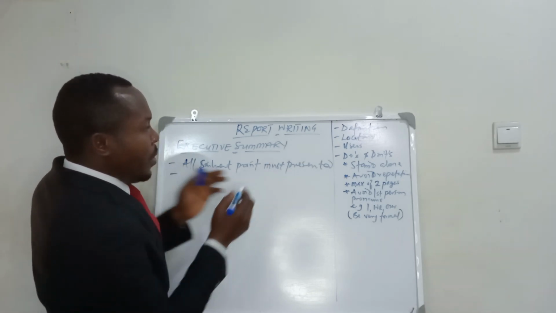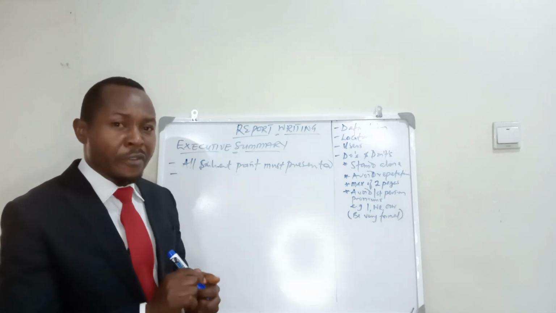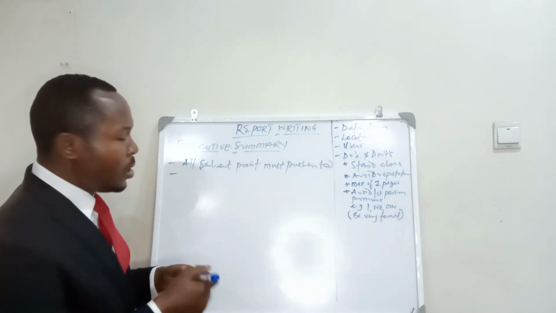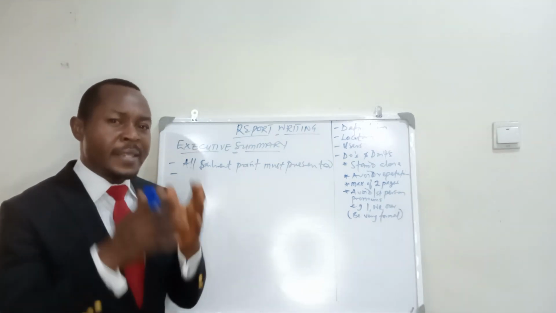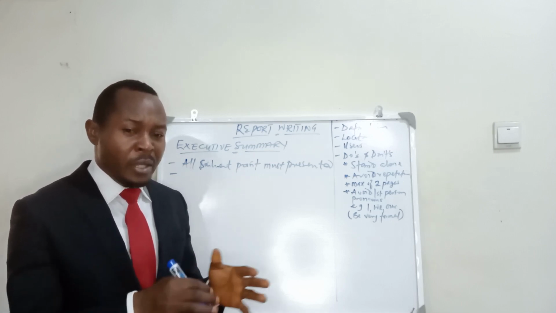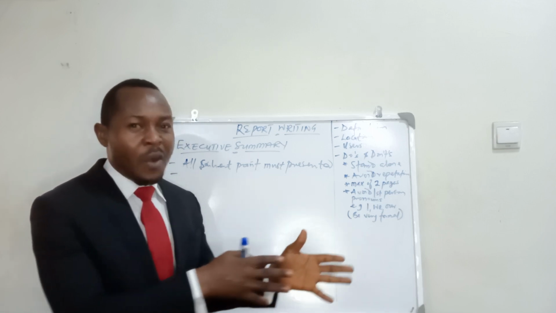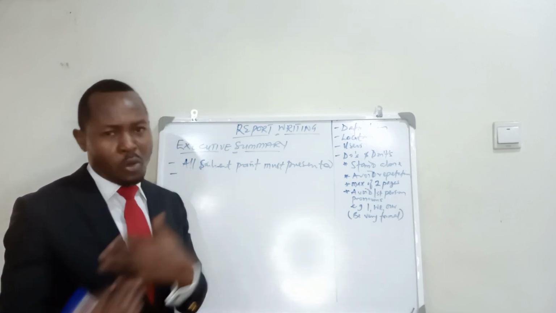Number two, we talked about the location in our previous class also. Where should executive summary appear in your report? Well, ordinarily, in the literal version, one can say, okay, since it is summary, it should come at the end.